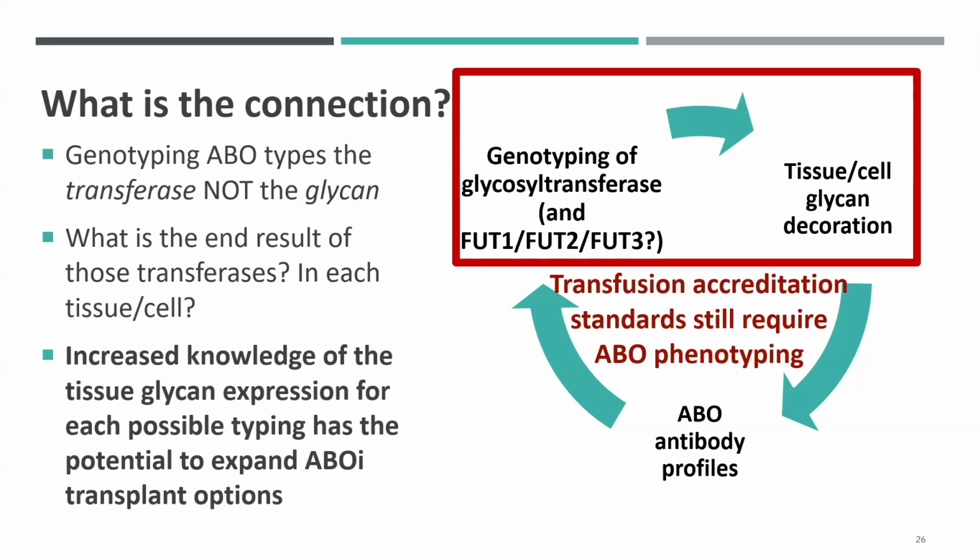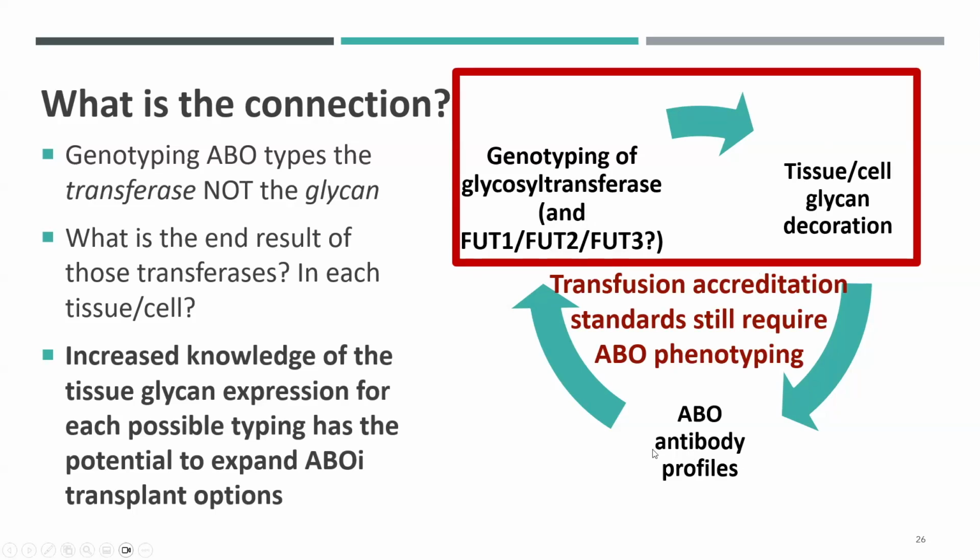If we wanted to really understand it, we need to know the genotype. Then we need to do flow and immunohistochemistry studies to understand what that particular allele does and where it ends up on individual tissues. What does the kidney look like? What does the heart look like? What does the liver look like?